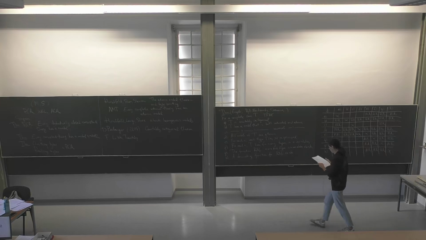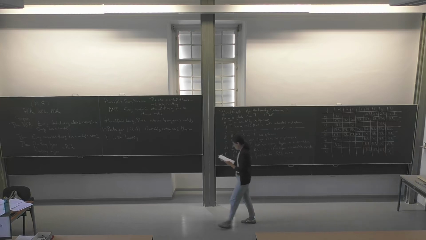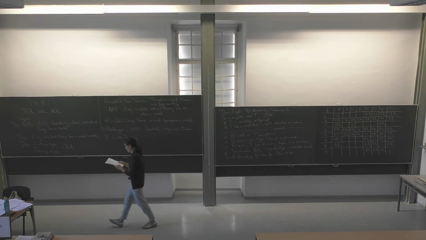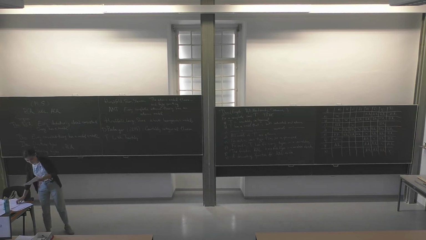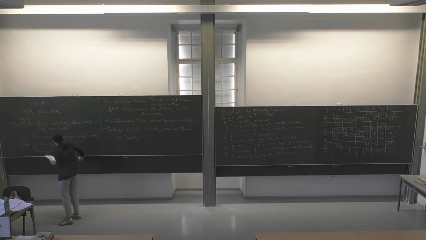One direction is obvious: we can prove the existence of this Ryll-Nardzewski function in ACA naught.